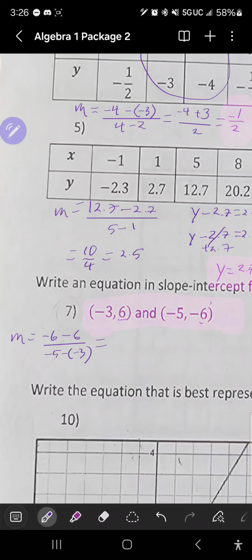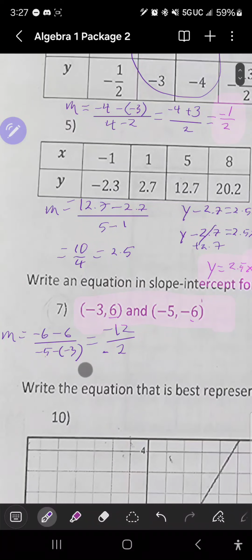Now they have the same sign, so we just add them together and keep the sign. 6 plus 6 is 12, so this is going to be negative 12. Now, this is negative 5 minus 3. So they have the same sign, we add them and keep the sign: 5 plus 3 is 8, so negative 8.